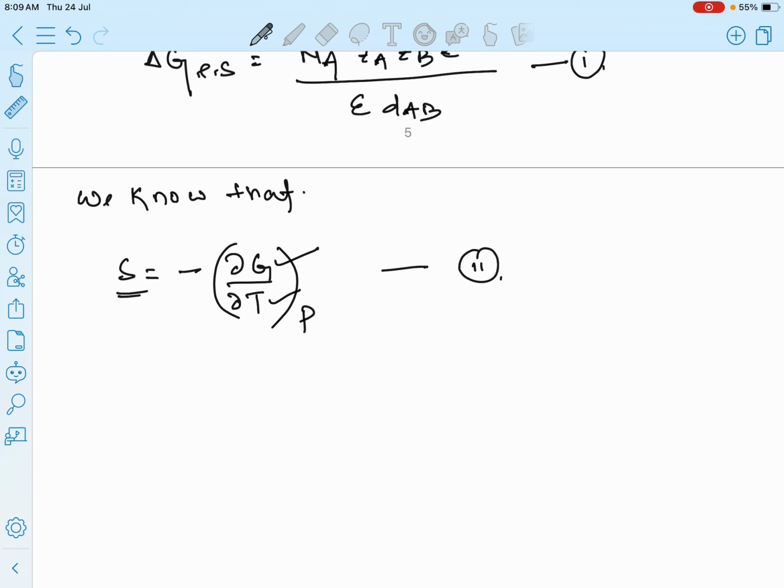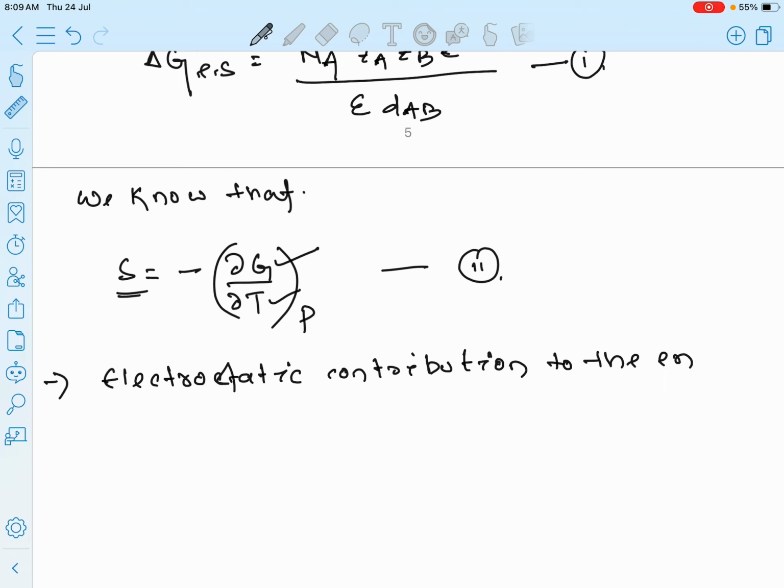So now we will calculate the electrostatic contribution to the entropy of activation.